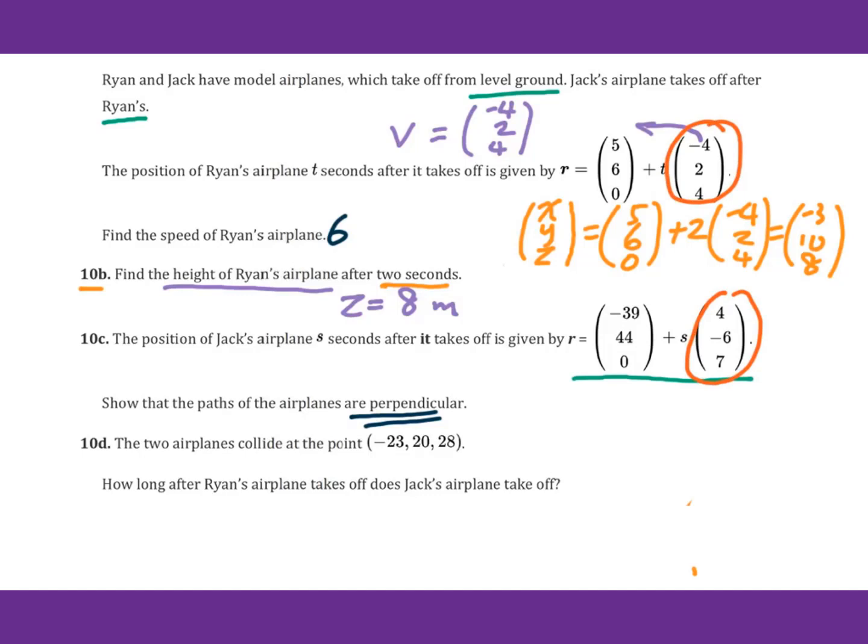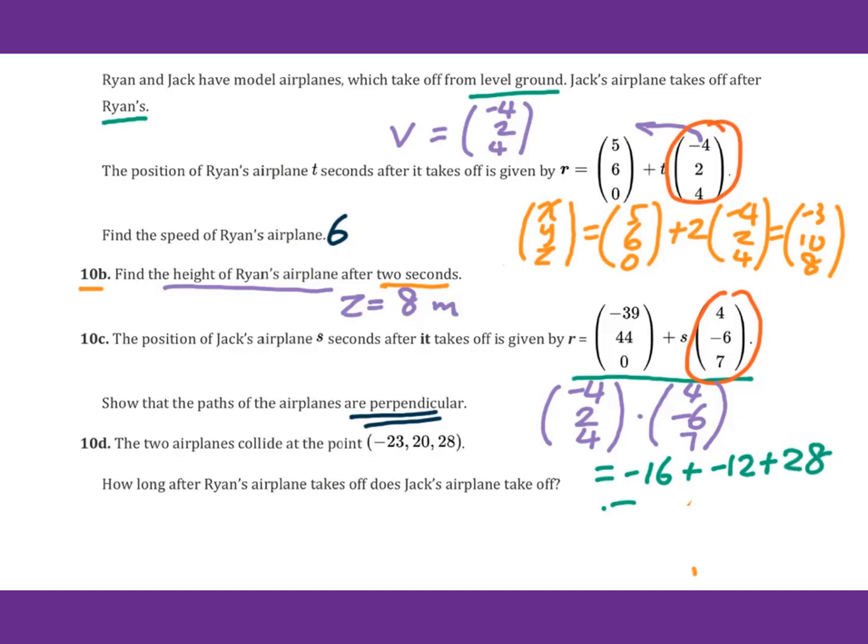So we figure out the dot product. You have negative 4, 2, 4 multiplied by 4, negative 6, 7. You will get negative 16 plus 2 times negative 6 is negative 12 plus 4 times 7 is 28. You could say 0. So it is perpendicular.